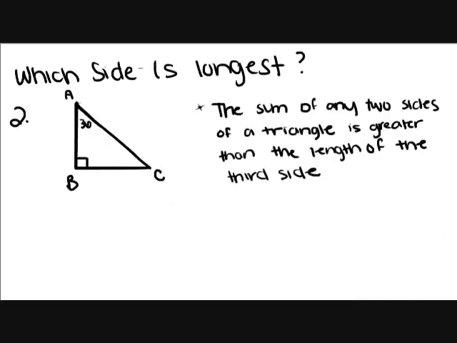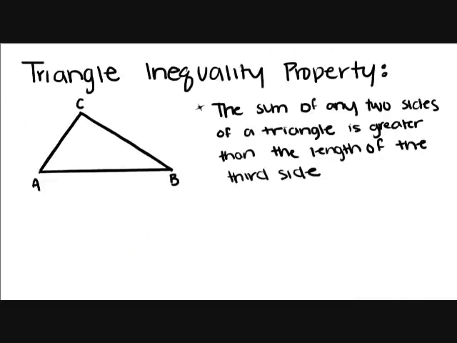And lastly, we know that the sum of any two sides of a triangle is greater than the length of the third side. So that means that the sum of CB plus CA is greater than AB.